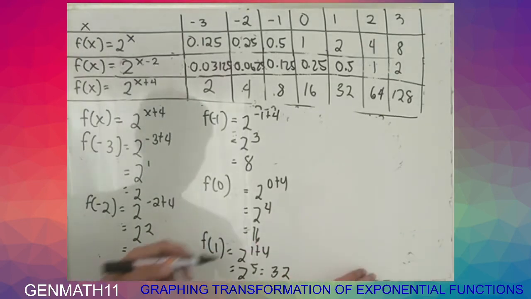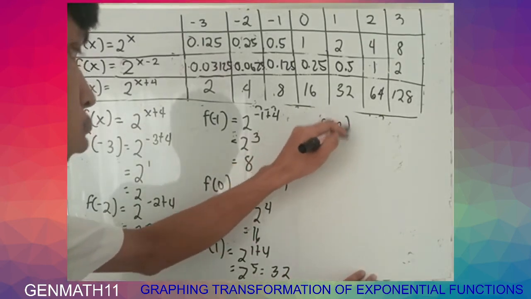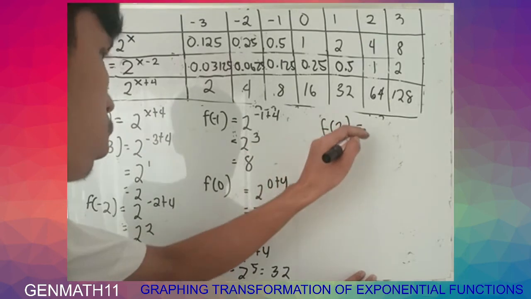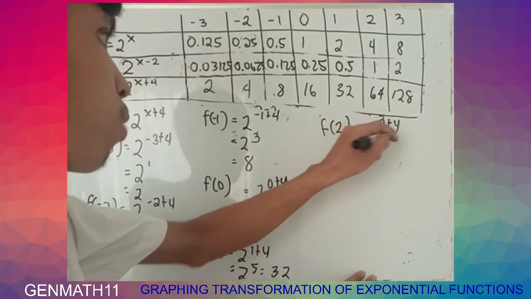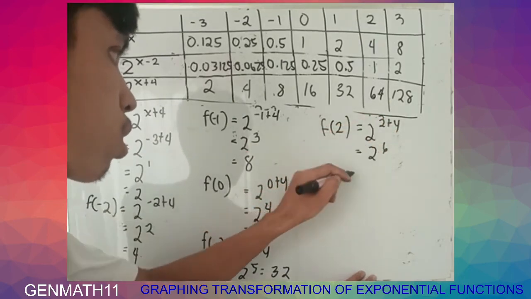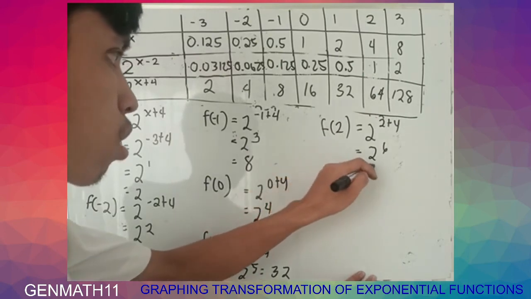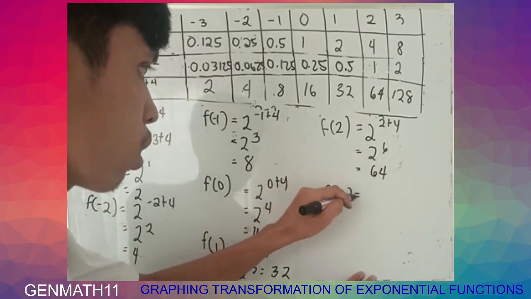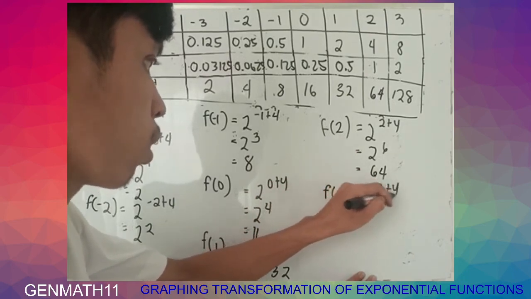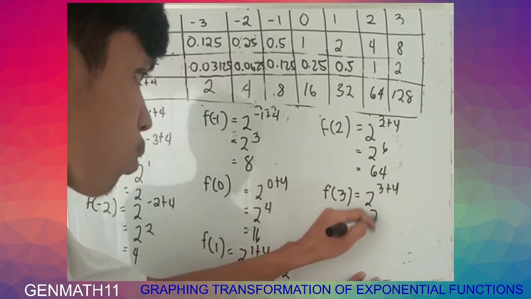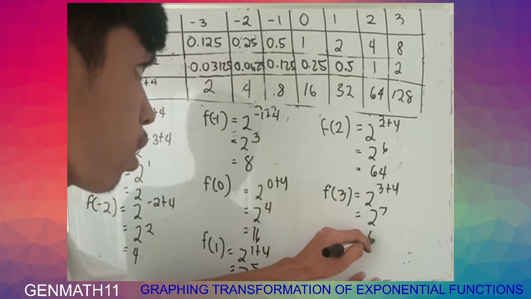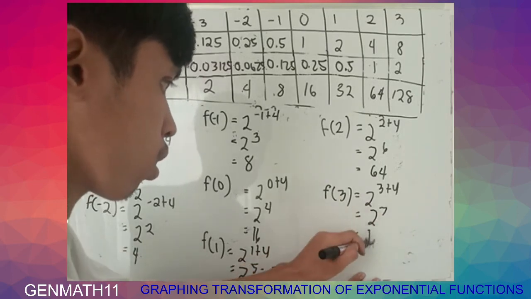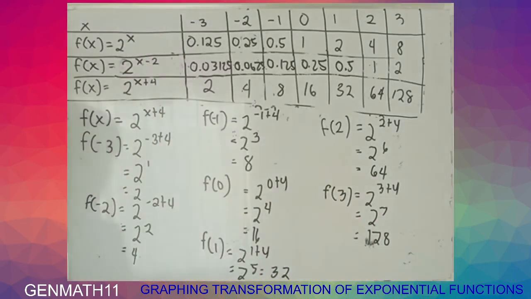Then, the other one is 2. 2 raised to 2 plus 4, magiging 2 raised to 6, so it will be 64. Then, the other one is 3. 2 raised to 3 plus 4 is equals to 2 raised to 7 power. Then, ito ay 128. Ganun lang kasimple.